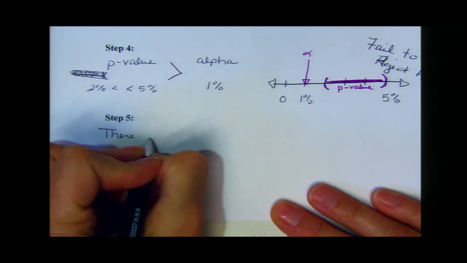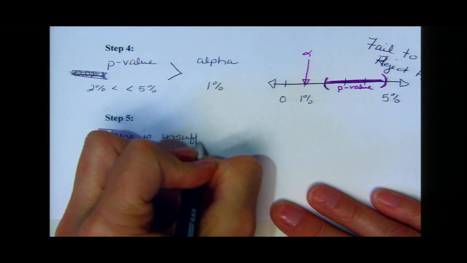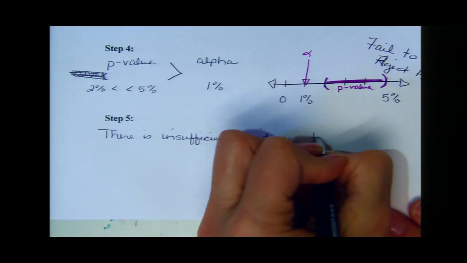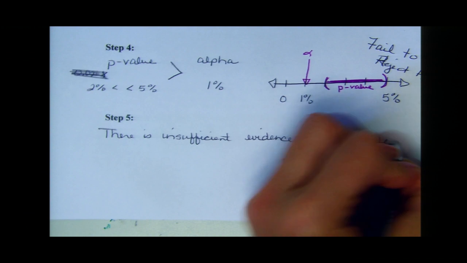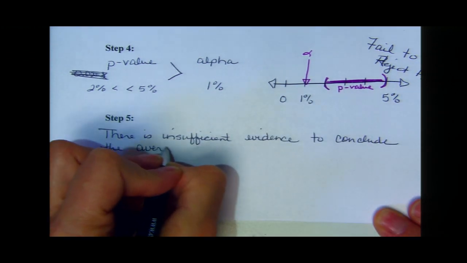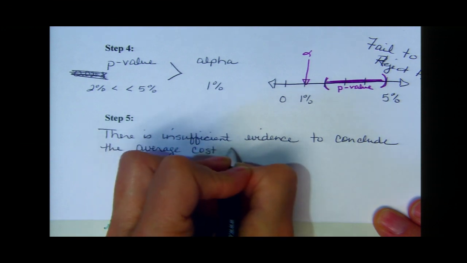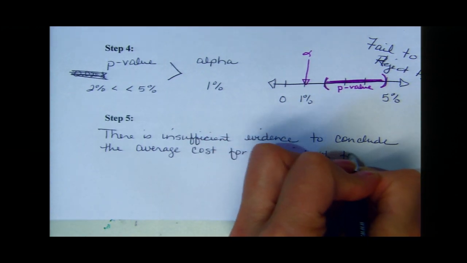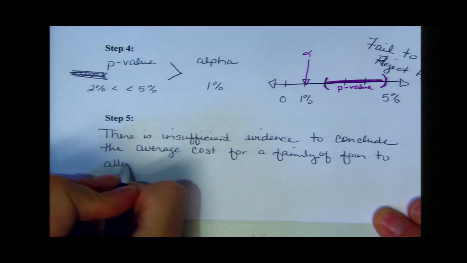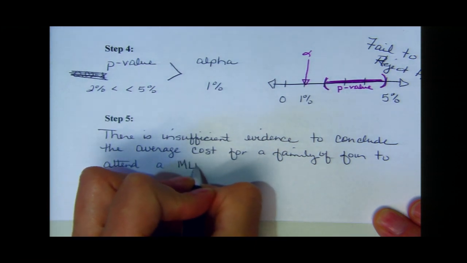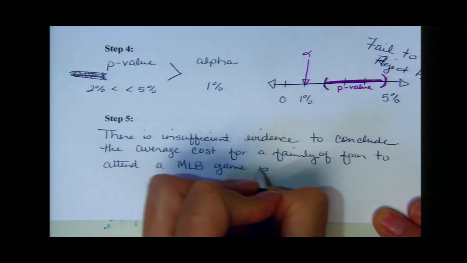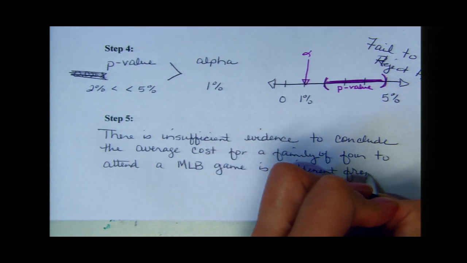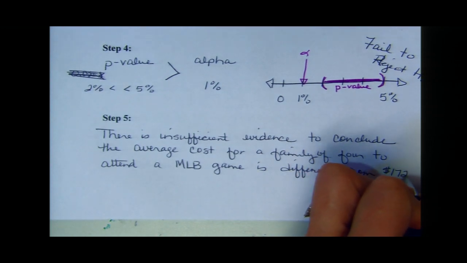So there is insufficient evidence to conclude the average cost for a family of 4 to attend a Major League Baseball game is different from $172.